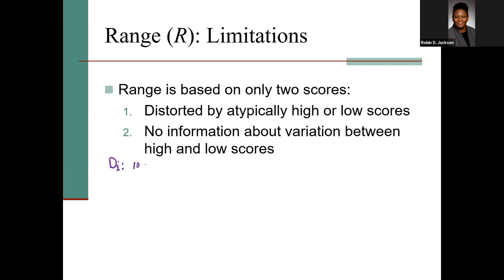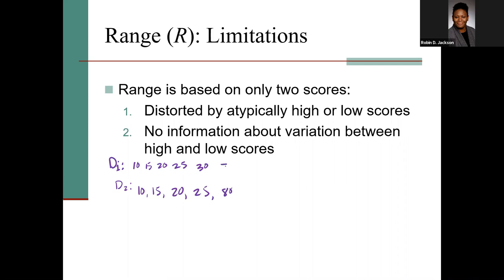Distribution 1 has the numbers 10, 15, 20, 25, and 30. Then distribution 2 has some of the same numbers. It has 10, 15, 20, 25, and then the number 80.